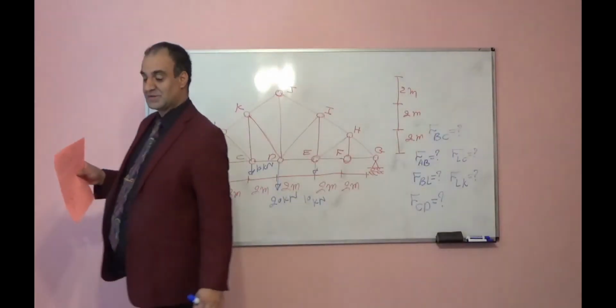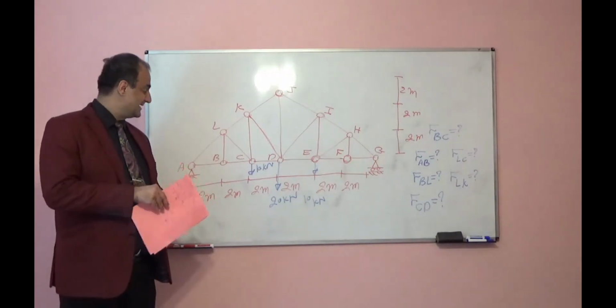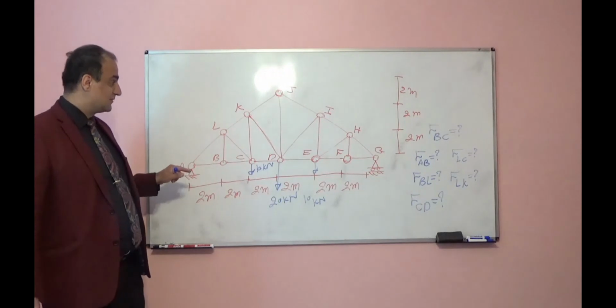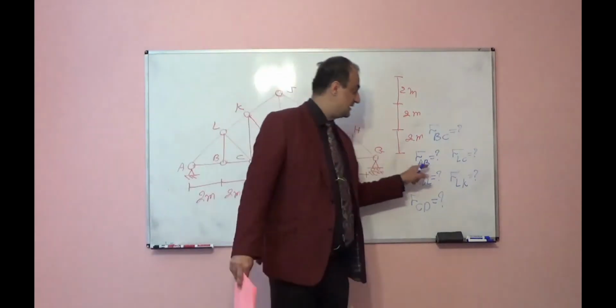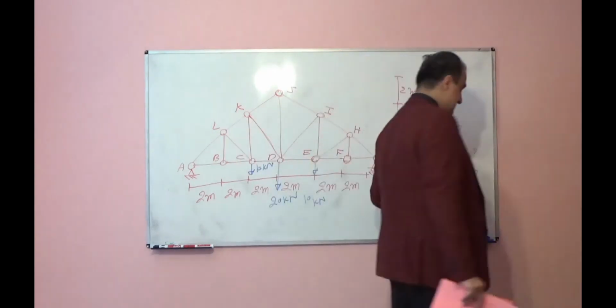So first find zero force members for this truss, then find internal forces in member BC, AB, LC, BL, LK, and CD.